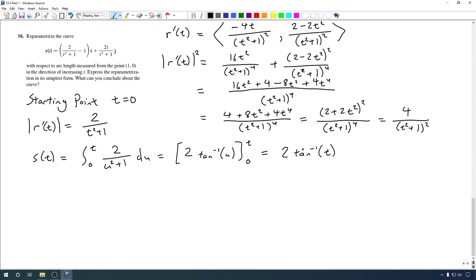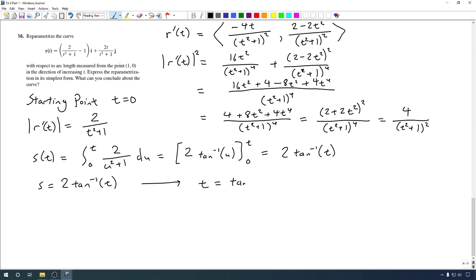Because what we need to do now is realize that this is our new parameter s in terms of t. We need to solve this and get t instead in terms of s. Now this one's not too bad. All we need to do is divide by 2 and then take the tangent of both sides.